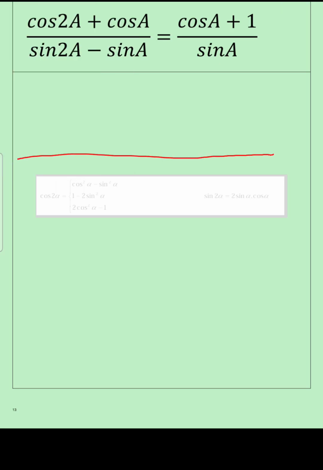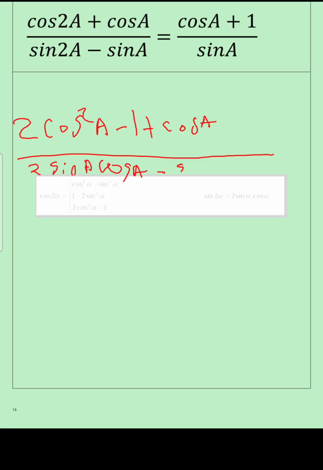We change it into 2 cos squared a minus 1 plus cos a, all over 2 sine a cos a minus sine a.